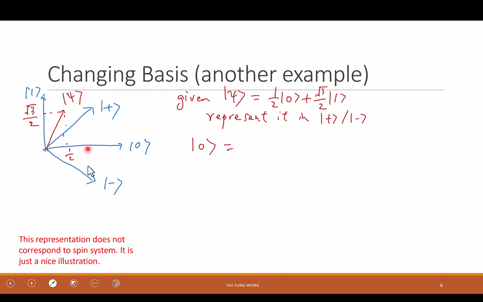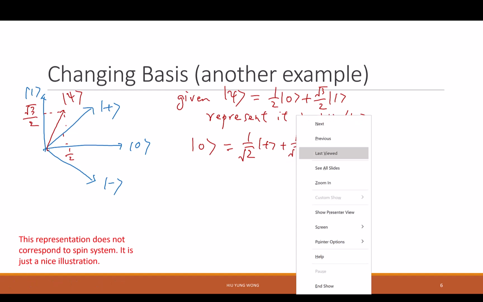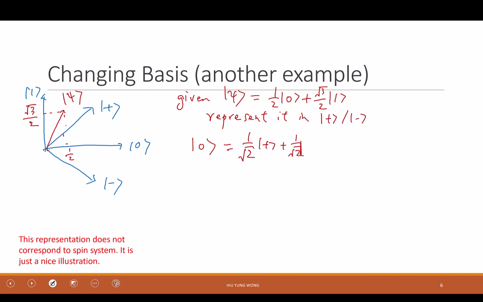This 0 is equal to 1 over square root 2 plus plus 1 over square root 2 minus. Right? You just do some trigonometry, right? If not, I think you probably can see it. Is this okay?